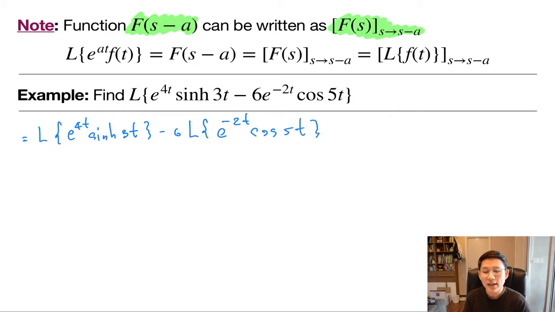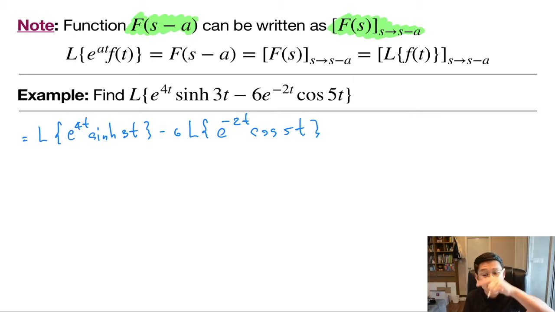In that case you just ignore the e to the 4t, and you just need to find the Laplace transform of sine 3t.